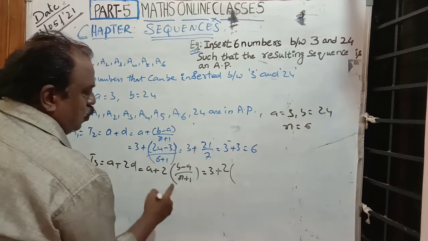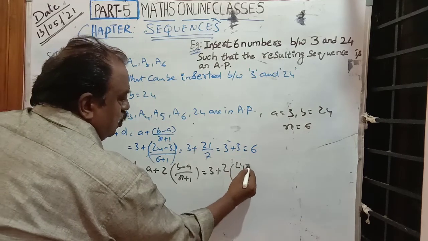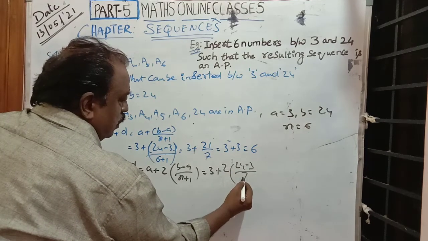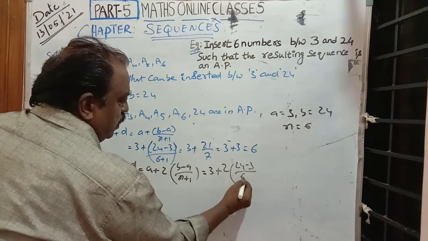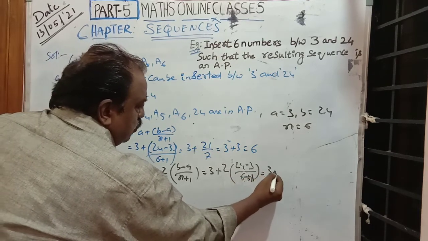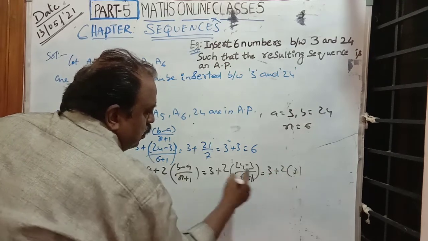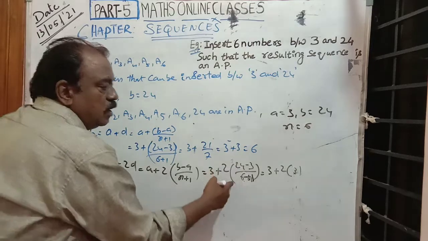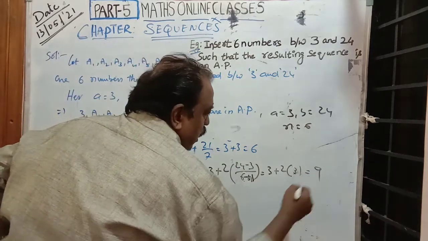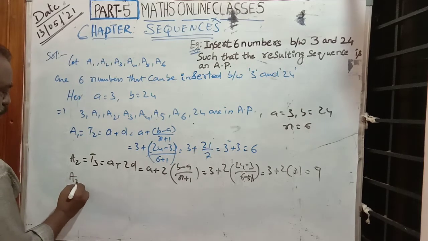It is 2 into (24 minus 3) by (6 plus 1). Every time it is 7 only. Now it is 3 plus 2 into 3 only. It is 21 by 7, 3. So it is 3 plus 6, it is 9. Okay, now next, A3.